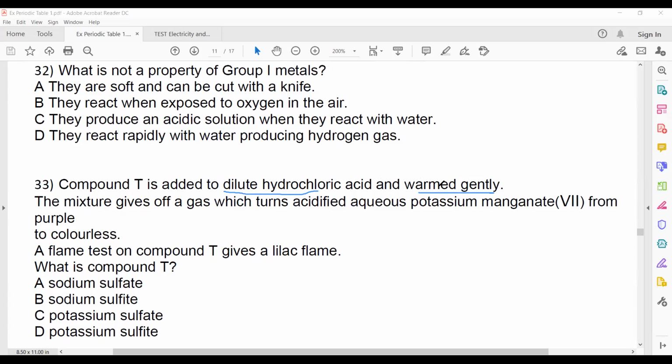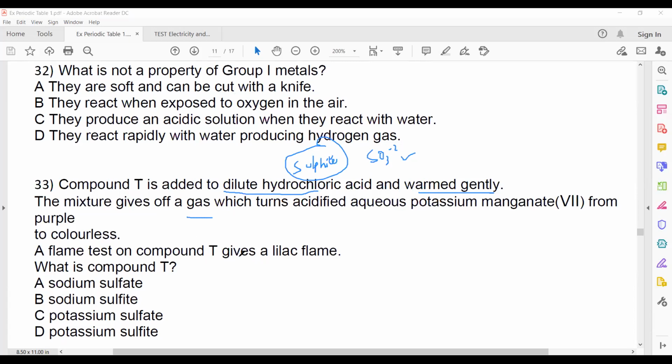Adding hydrochloric acid and warming the solution is a test for the sulfite ion. The formula of the sulfite ion is SO3 with a charge of 2-. The mixture gives off a gas which turns acidified aqueous potassium manganate from purple to colorless. So this confirms that there is a sulfite ion.